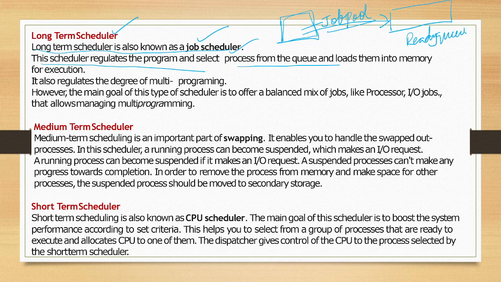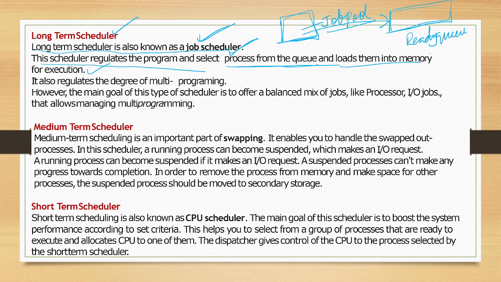It is selecting processes from the queue, that is the job pool, and loads them into the main memory for execution. Right? First point: it is a job scheduler and it is selecting the processes from the job pool and loading them into the main memory.